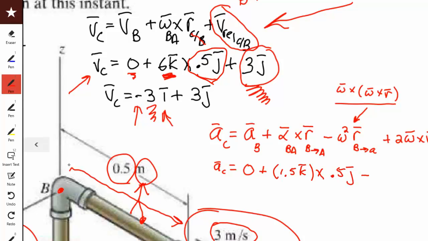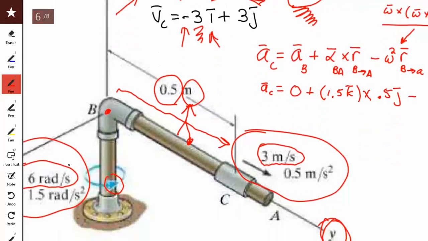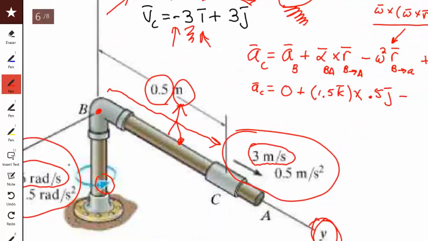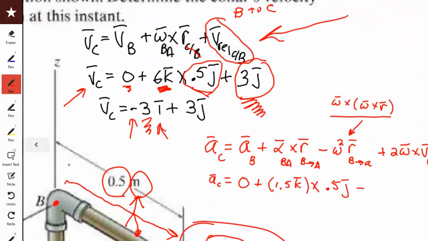Minus omega. Well, in this case I was told the omega, but if you didn't know the omega, that's why you would solve the velocity equations and you would be able to calculate it. But in this case it's given. It was 6. So I'm going to plug in 6 squared is 36. The r, well, I've got the r.